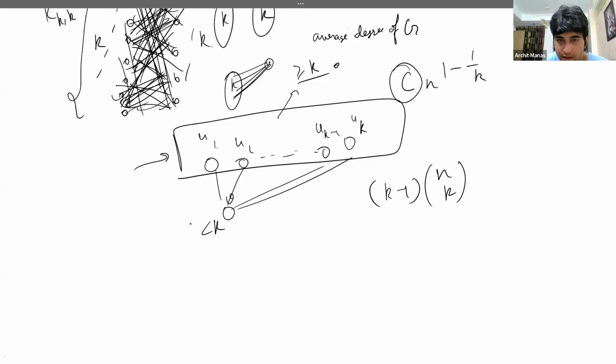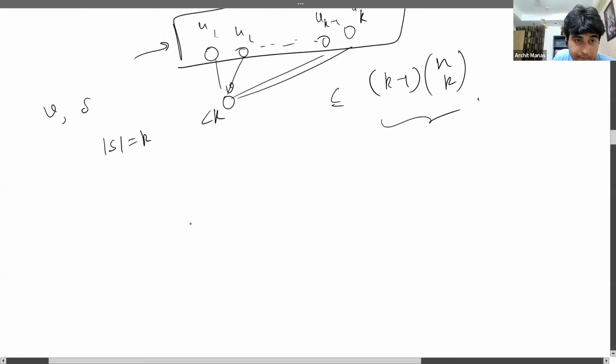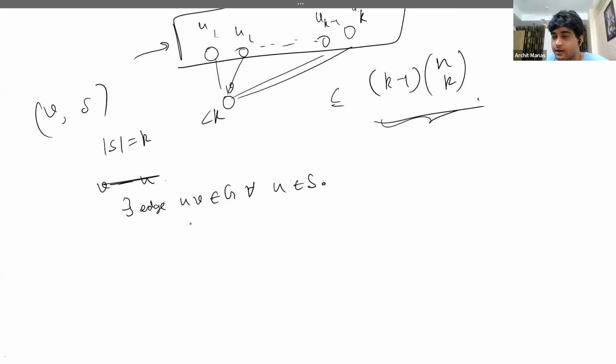So on the one hand, you have at most these many such structures. What I mean by structure is a vertex v and a set S of size k such that the edge uv exists in G for all u in S. So v is connected to everybody in S. You're just counting the number of pairs of a vertex and a set. On the one hand, you have at most k minus 1 times n choose k of these. But how many of these do you have by counting by v, let's say?